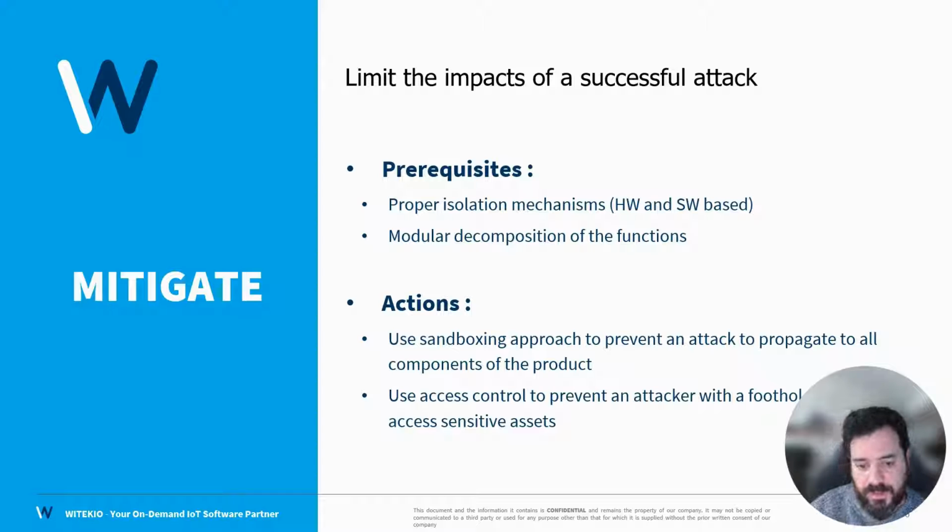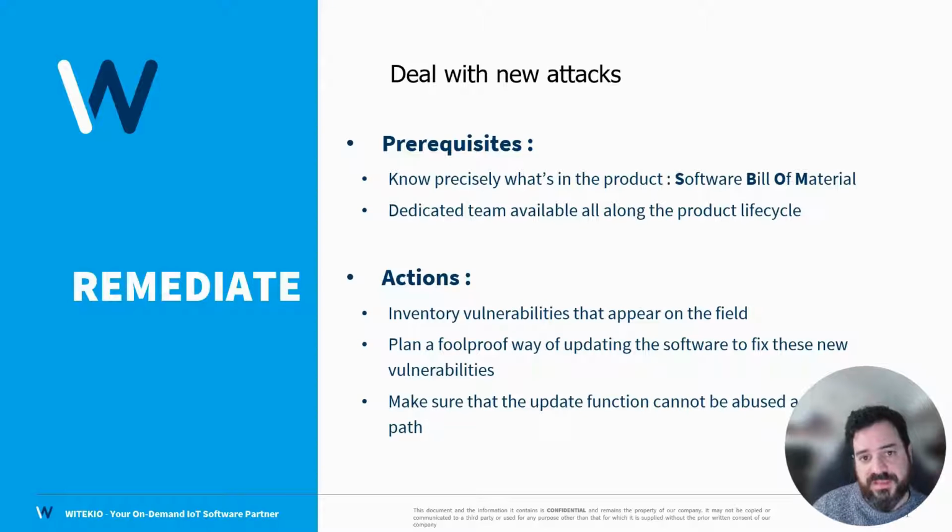The last axis is remediation. So of course, remediation means that you know that some attack is possible or some attack happened. So you can rely on detection, and also you need to be able to monitor new vulnerabilities on your product because the state of the art of attacks is constantly evolving.